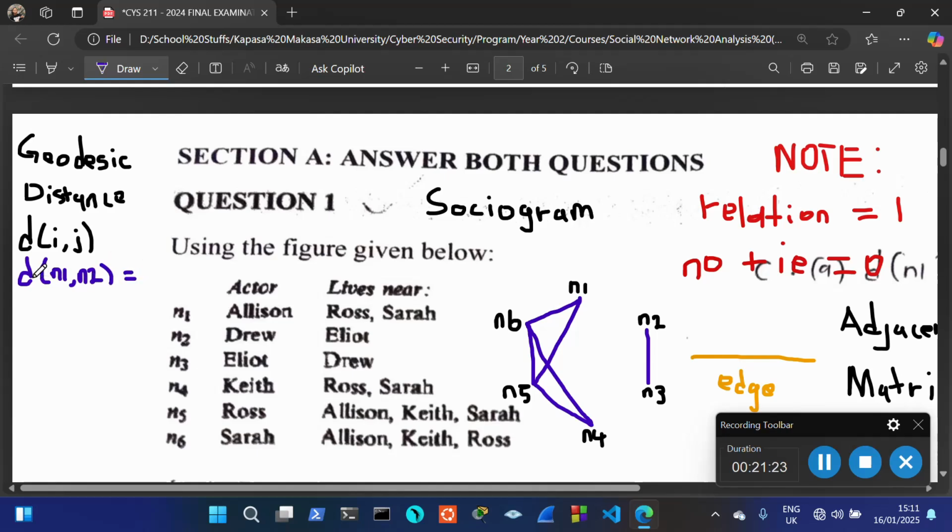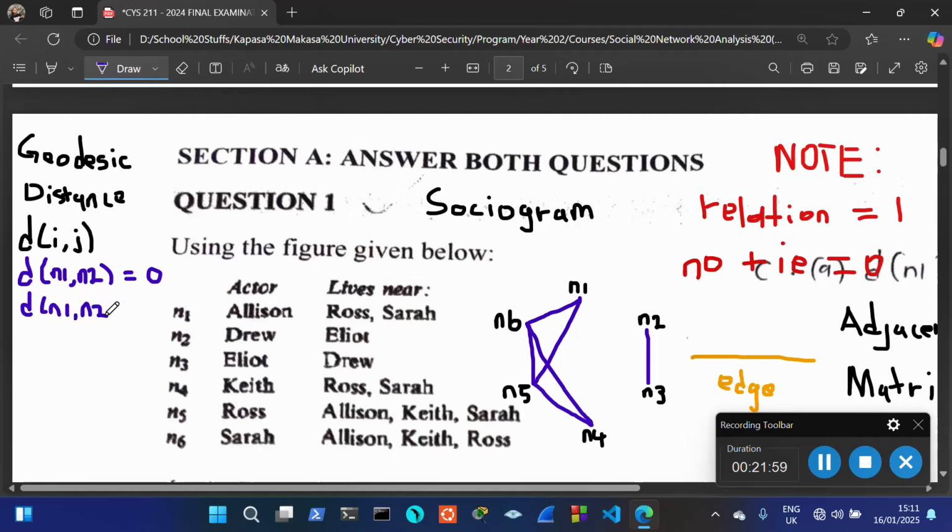The distance from N1 to N2, what's the answer? We look for the shortest route we can take to reach N2. As you can see, N1 cannot reach N2, so the geodesic distance is 0, because we have no link to reach N2. So d of N1 comma N2 is 0.